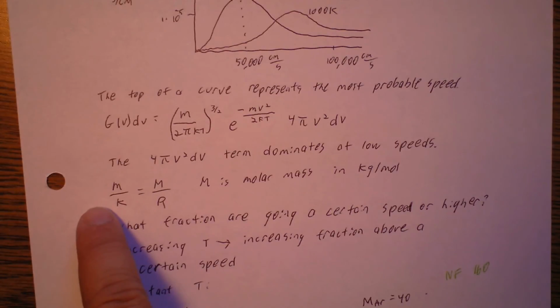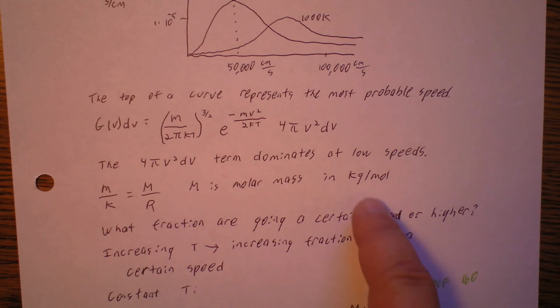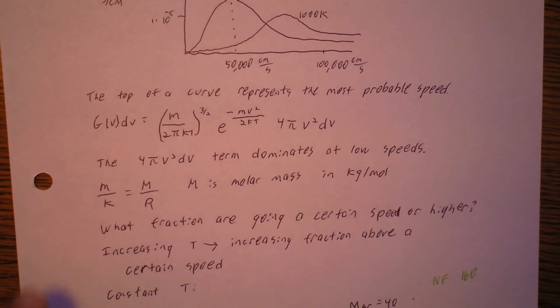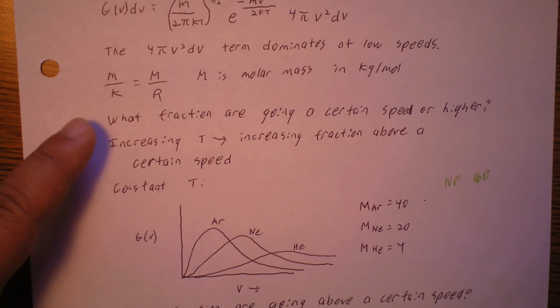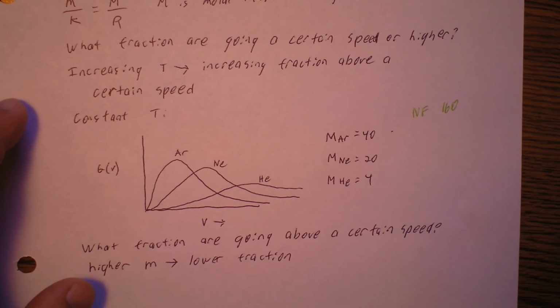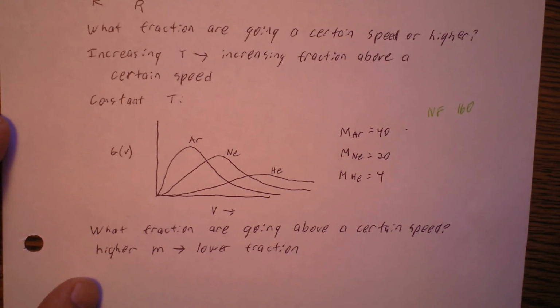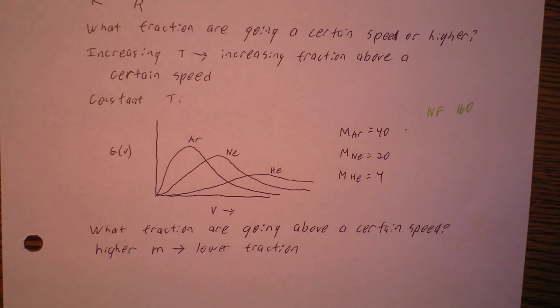So remember, lowercase m over k is equal to capital M over R, where M is the molar mass in kilograms per mole. So here's the question: what fraction are going a certain speed or higher? At increasing temperature, we're going to have an increasing fraction above a certain speed. Let's say at constant temperature we have this g of v function.